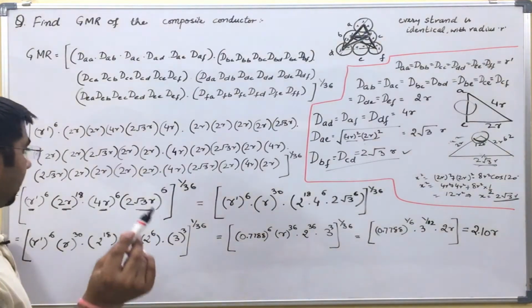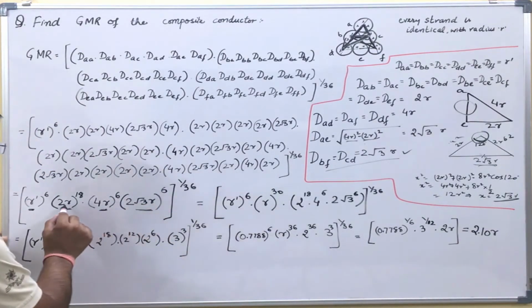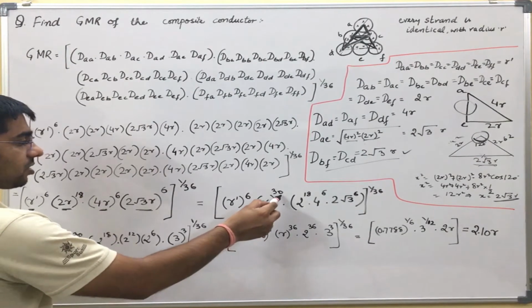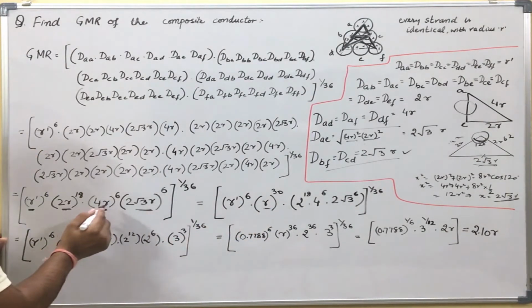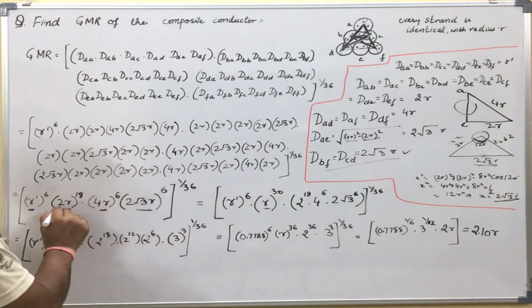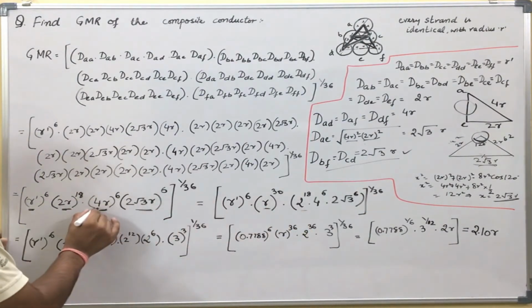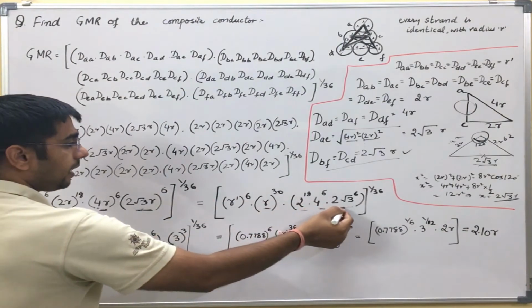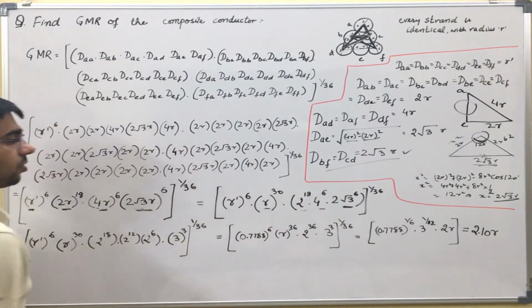I have taken r common, so there will be 30 powers of r from these, and 2 raised to power 18 will come here, 4 raised to power 6 is also here, and 2 root 3 raised to power 6 is also here.